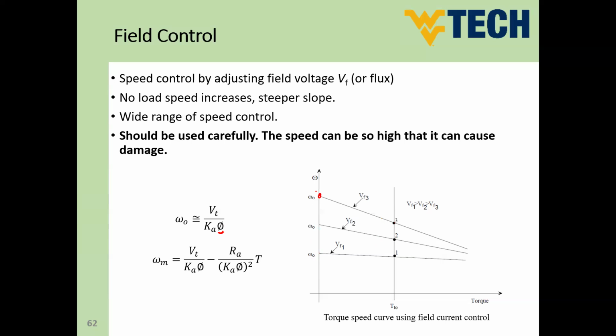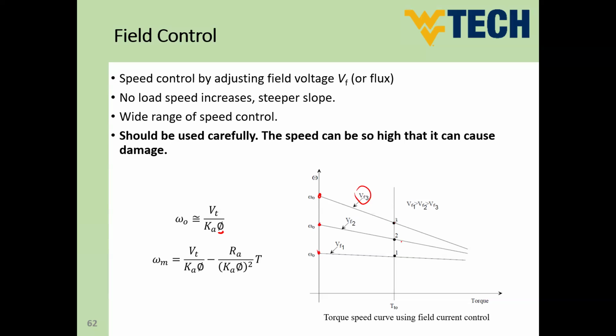So the higher the omega naught, the lower the flux. In this case, V field 3 is going to be the lowest field, and this is the highest field. So this is regarding the value of omega naught.